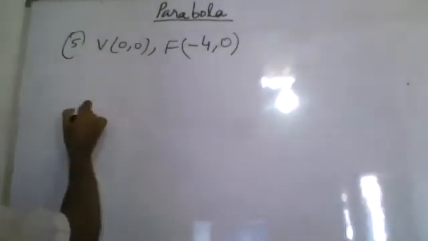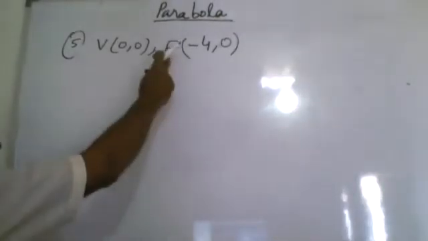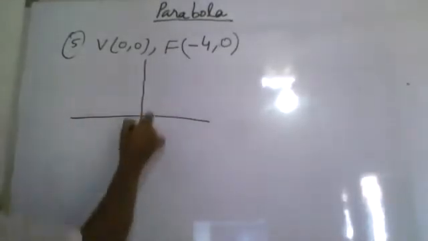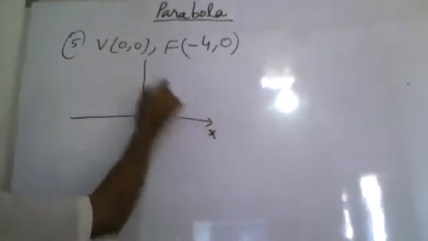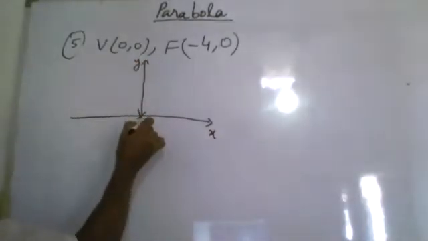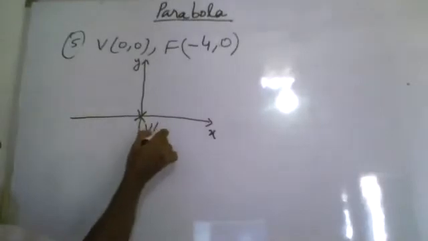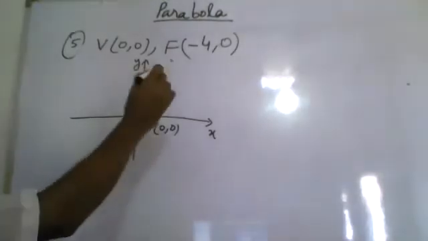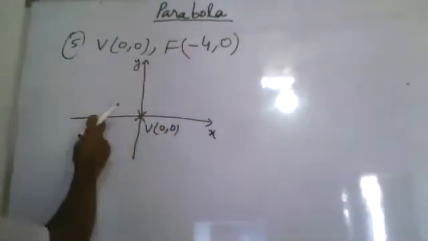So if I sketch, this is on the x-axis. This is the vertex V, origin. Focus minus 4 0 on the x-axis. So this is minus 4 0.